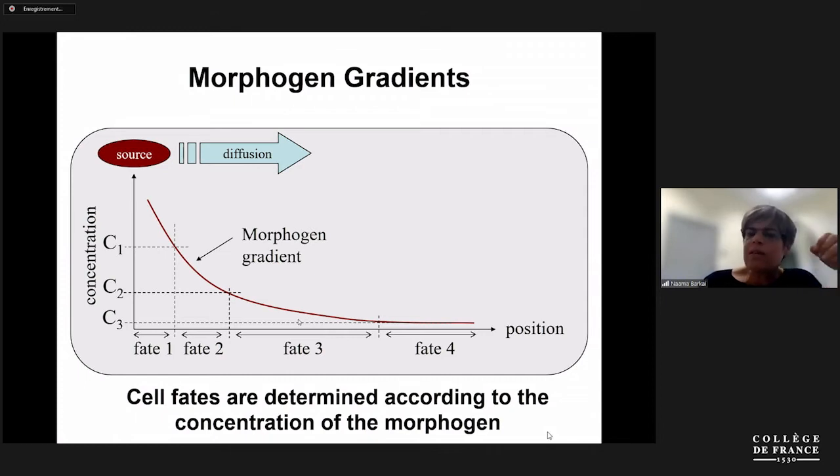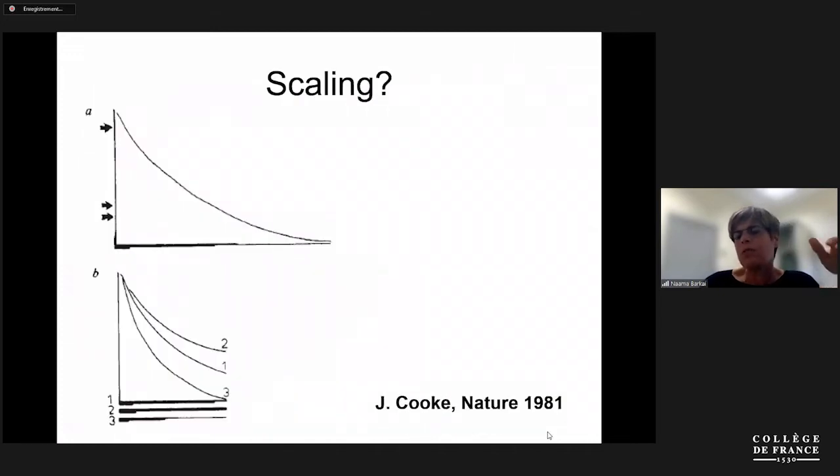Now, if we take this as a paradigm of how cell fate is achieved, or how patterning is induced within a uniform field of cells, then scaling is indeed a problem. Because if we now take the tissue and retain the location where these morphogen molecules are produced, and we cut the tissue in half, then we lose all of those cell fates, just because there is nothing which basically tells us how to change the gradient.